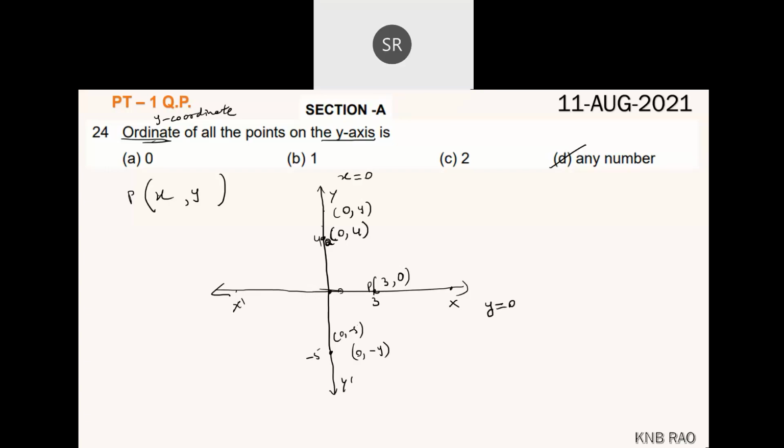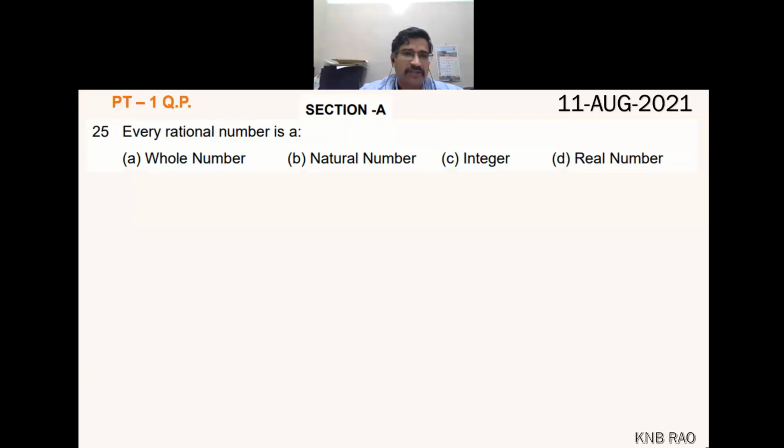Now moving on to question number 25. Question number 25 is a simple question. I have taught you like this: all natural numbers are included in whole numbers along with the extra 0. All whole numbers are included in integers along with negative numbers, -1, -2, like that.